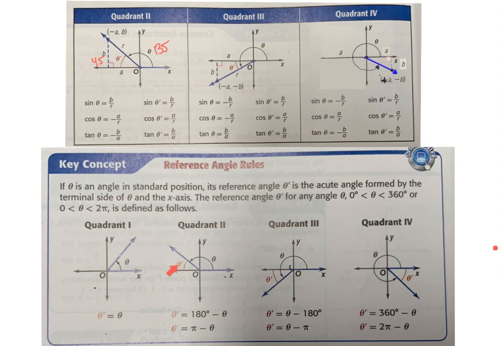If I fall into the third quadrant, I take my angle and subtract 180 from it. And if I fall into my fourth quadrant, I subtract from 360, because that's going to be my closest. So first quadrant is what it gives you. Second quadrant, subtract from 180. Third quadrant, subtract 180 from your angle. Fourth quadrant, subtract your angle from 360, and that will give you your reference angle.